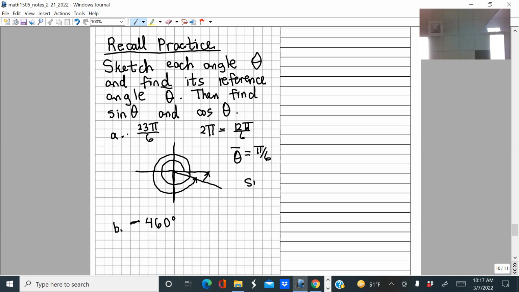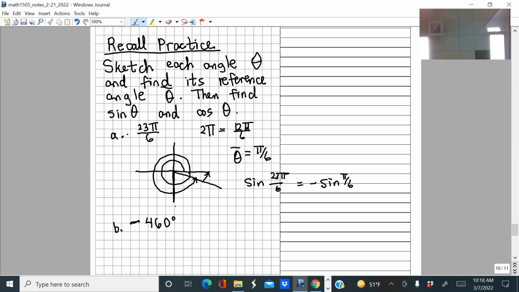So if we were going to compute the sine of 23 pi over 6, we know that is going to be almost the same as the sine of pi over 6, except we may have to adjust the sign in front, the plus or minus. And in fact, here we do have to change it to negative, because this angle 23 pi over 6 ends up here in the 4th quadrant, and in the 4th quadrant the sign is negative because the y-axis is negative.